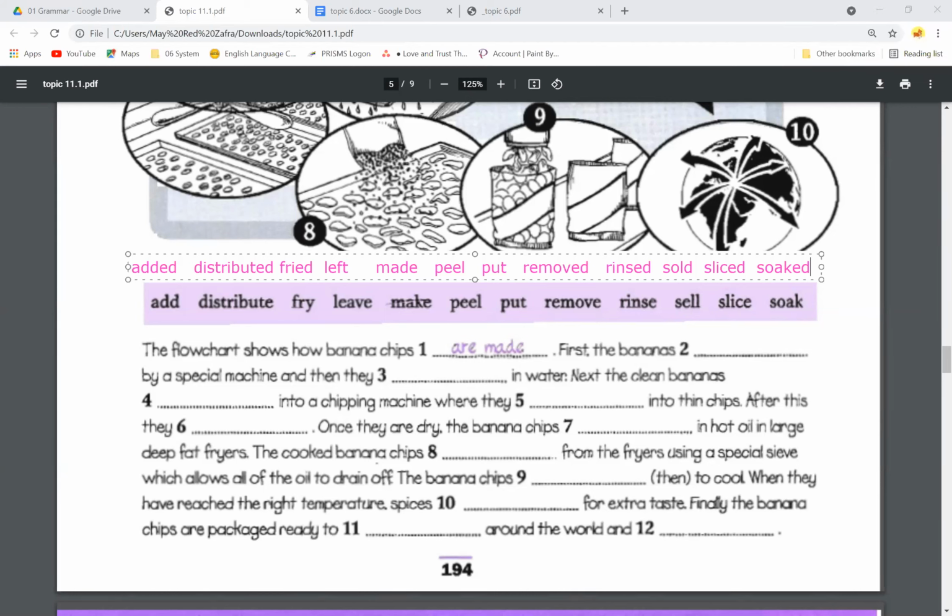Finally, the banana chips are packaged, ready, needed to dash around the world and dash. Good. Okay.